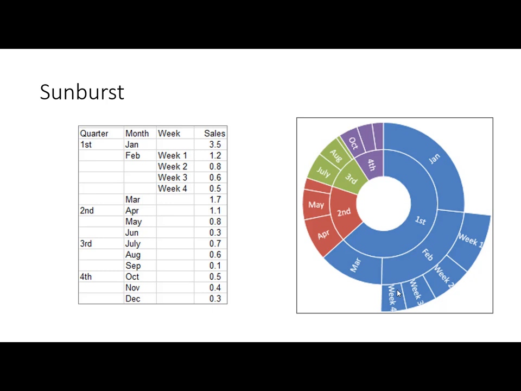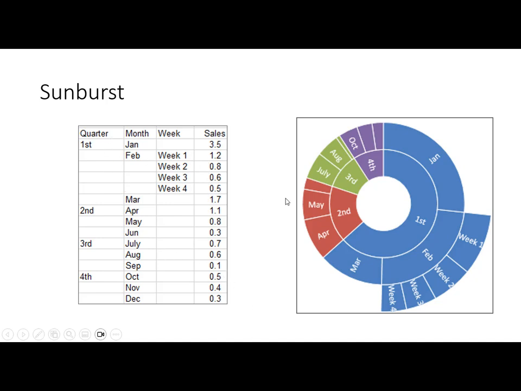The sunburst is hierarchical data. Hierarchical means something inside something big, inside something small, inside something smaller. Therefore, we have quarters, and inside quarters we have months, and inside months we have weeks, and the sales values are shown here.